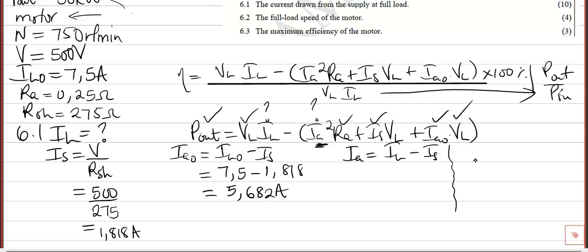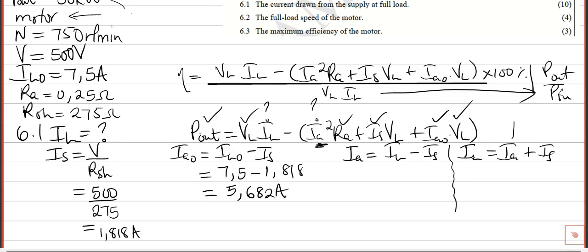So making IL the subject would be taking I shunt to the other side, where you will have IL equals IA plus I shunt. And so later on, wherever you have IL in this whole equation, you would substitute IL equals IA plus I shunt, then you would look for your only unknown.